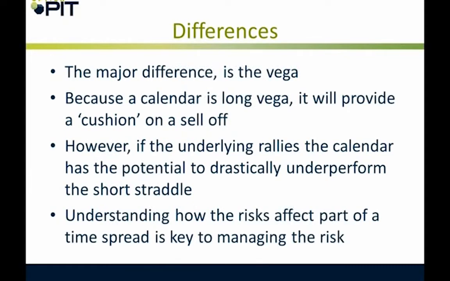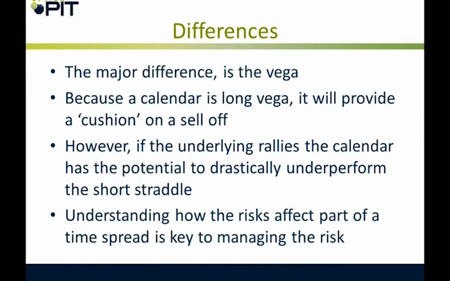The major difference is the vega in the calendar, though. That long vega will provide a cushion in a sell-off. However, if the underlying rallies, the calendar actually has the potential to drastically underperform a short straddle. So if I own a calendar and the underlying drops, I get a cushion.